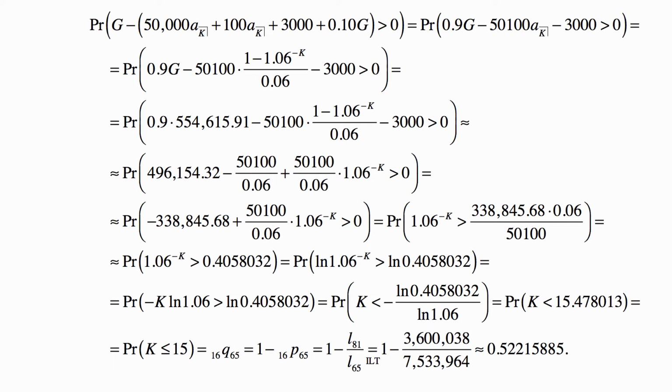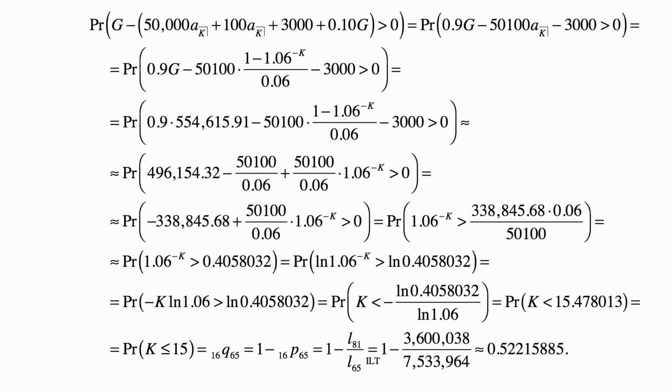So this is the probability that the person is dead during the first 16 years, because the person does not live full 16 years. K less than or equal to 15 means that the number of full whole years lived is 15 or less, so the person is not alive for full 16 years, dies before that.